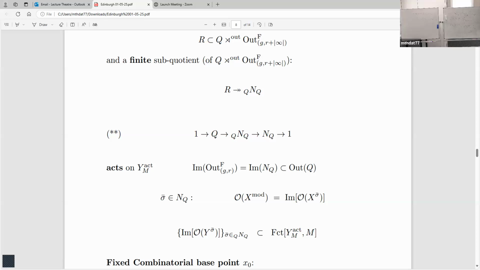And the other property is that, so of course, R or this acts on the various labeled copies of this ring of functions. And the point is that such a finitely generated subgroup acts on the various OX sigma as identity. So we have a single copy of the various OX sigma bars. So this I will refer to as OX mod. And for the OY sigma bars, or the OY sigma, it acts via this finite quotient NQ. So we have only finitely many labeled copies in OY sigma bar.